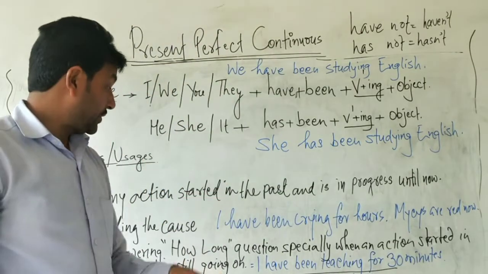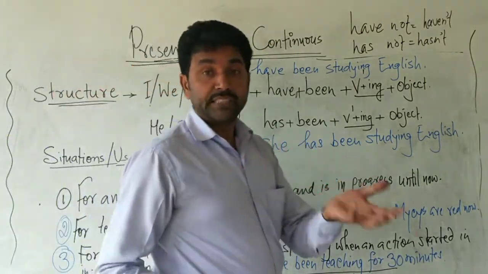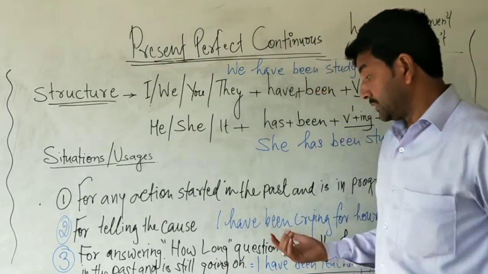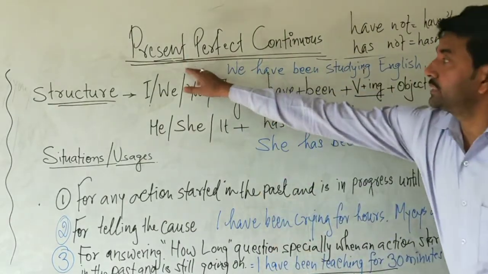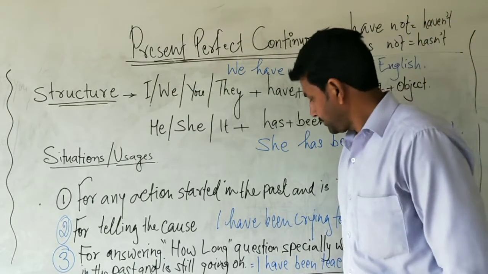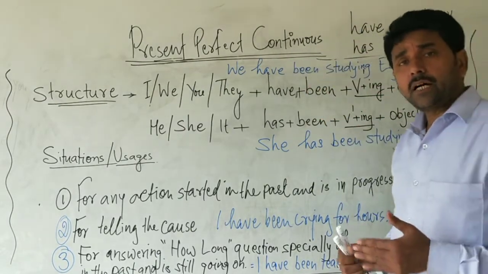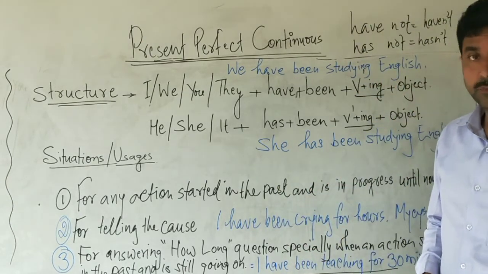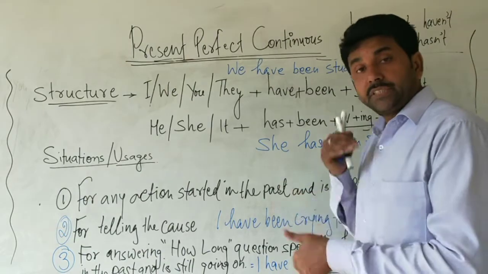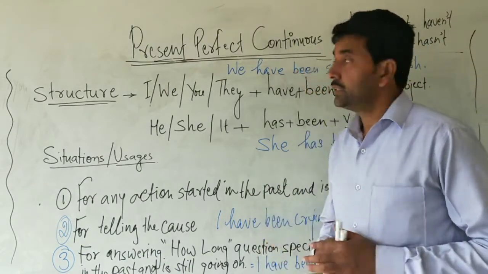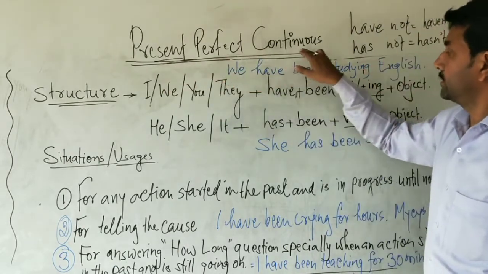If you ask the question, for how long you have been teaching? How long have you been teaching? So answer can be in present perfect continuous tense. The action I have started 30 minutes ago in the past, and my teaching is still going on. It is in the progress.